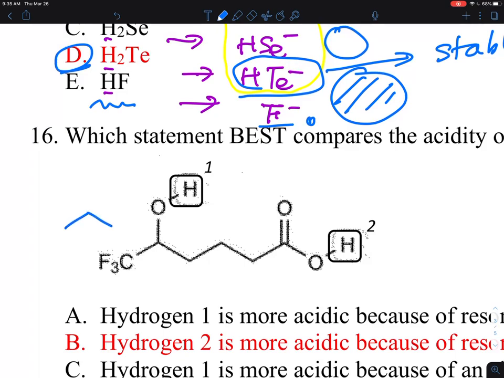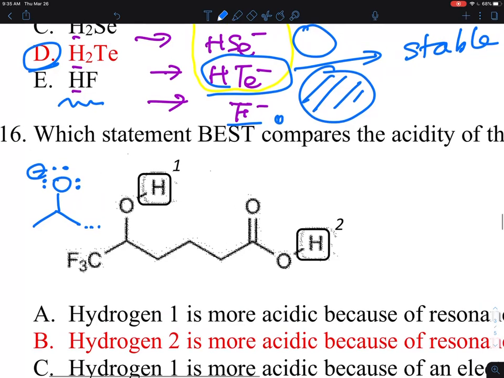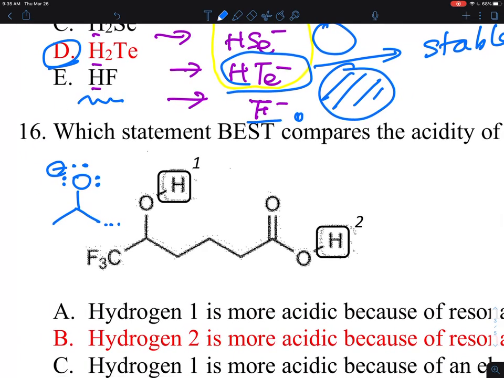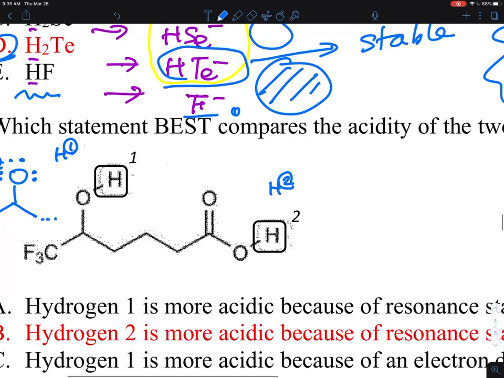This is a compound that will form oxygen minus, that's the conjugate base form, right? And that's number 1, H1. And for the case of H2, after losing this, you're going to form something like this.